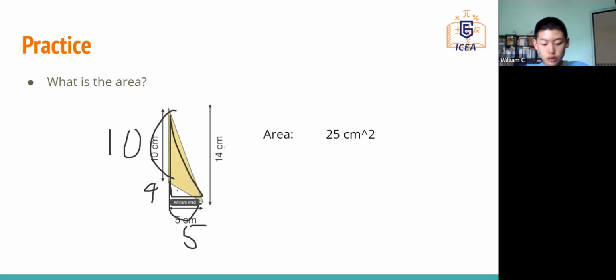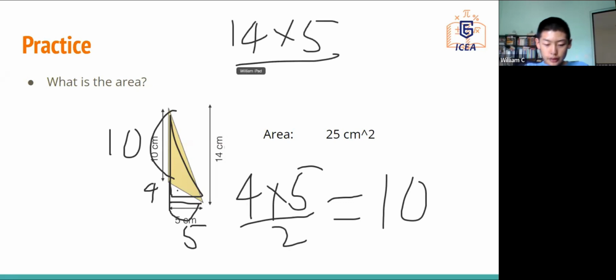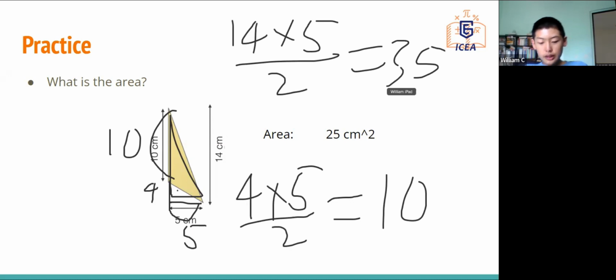The area of the smaller triangle is 4 times 5 divided by 2 equals 10. The area of the larger triangle is 14 times 5 divided by 2 equals 35. Then we can subtract, get our answer of 25.